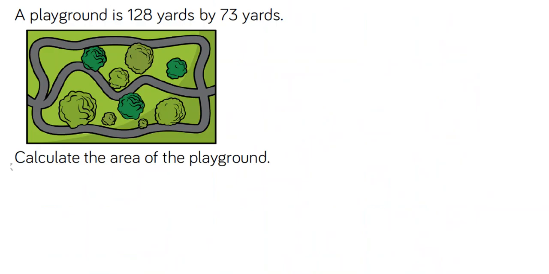A playground is 128 yards, it's an old fashioned measurement, by 73 yards. Calculate the area of the playground. And we know to calculate, we need to multiply. Have a go.